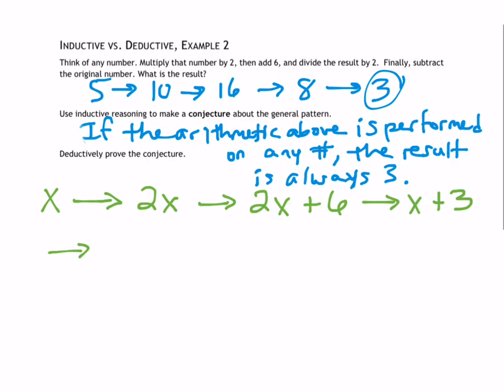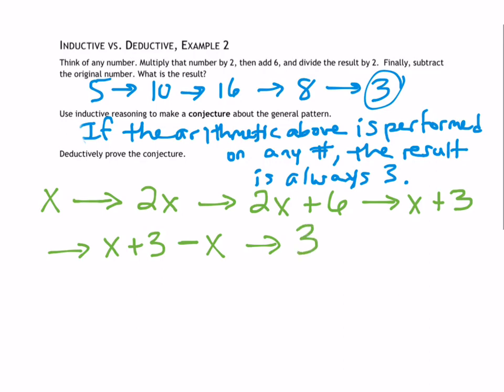Well, that's x plus 3, and then subtract, well, what is the original number? I don't have something specific to work with in this case, I just have the variable x, so that's what I'm going to subtract. And then finally x plus 3 minus x, the two x's will cancel, x minus x is 0, and that leads us to just 3.